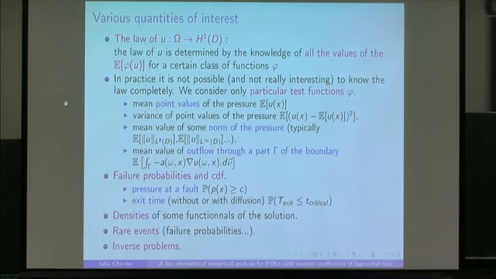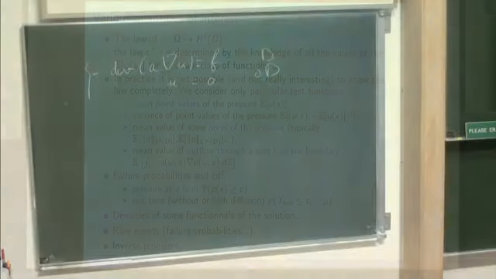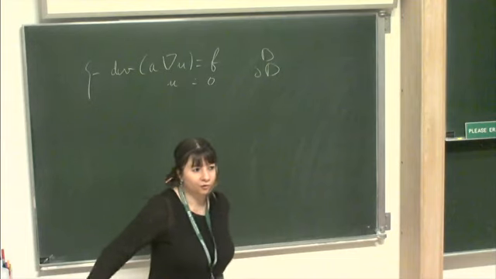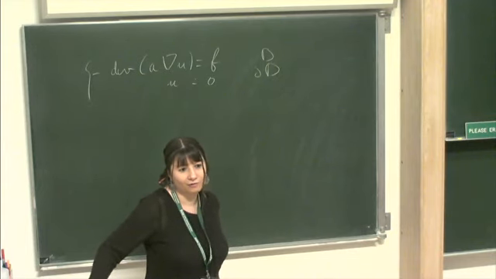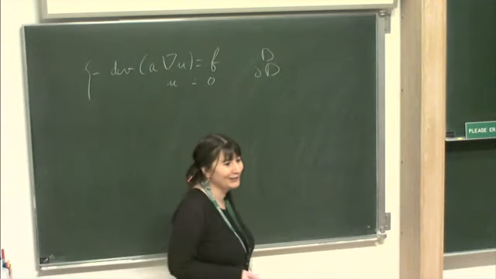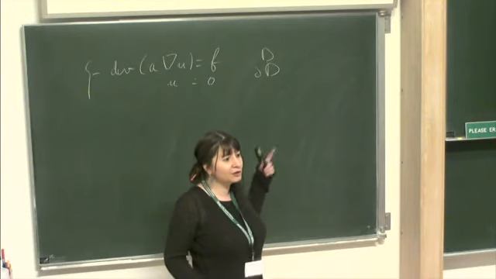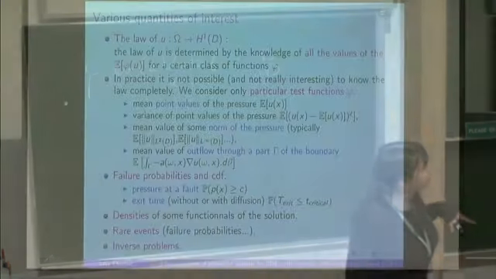So, from a theoretical point of view, you may want to compute the law of U. That would make sense when U, the solution of the parameterized PDE, can be seen as a random variable taking value in some space, so H1, maybe. Should I recall what H1 is? It's a Sobolev space. It's functions which are in L2 with derivative in L2 too.